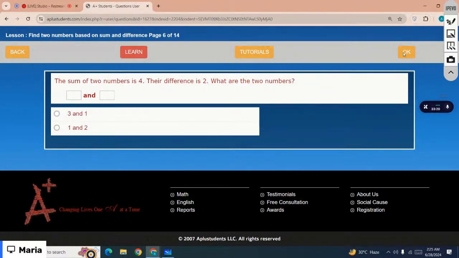The sum of two numbers is 4. The difference is 2. What are the two numbers? So, which is the correct option?